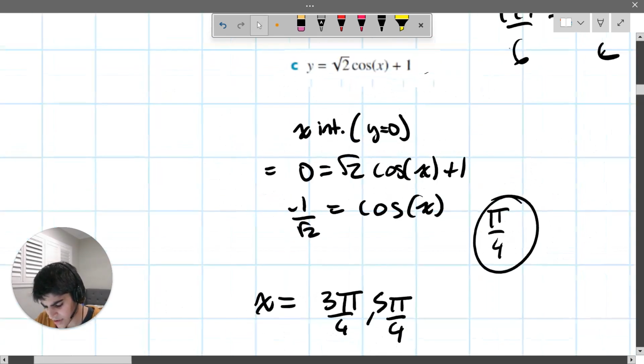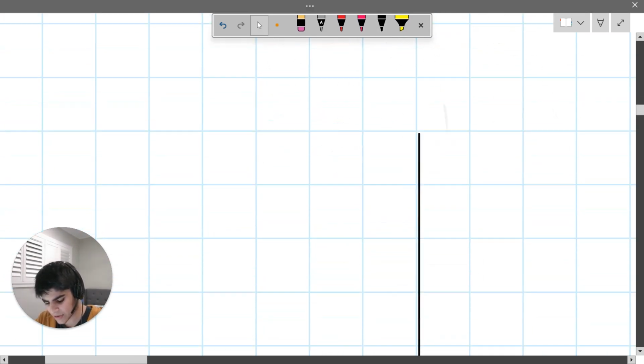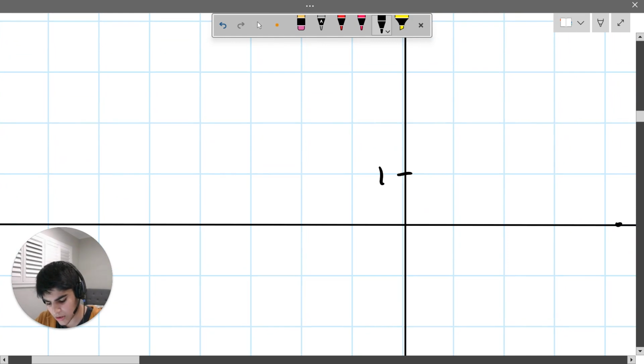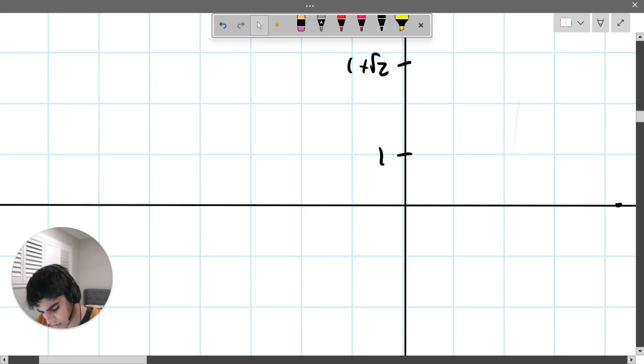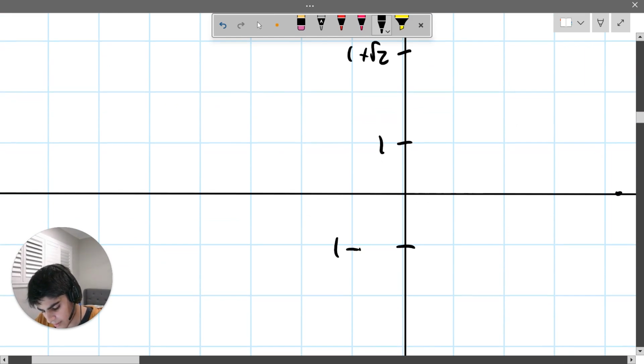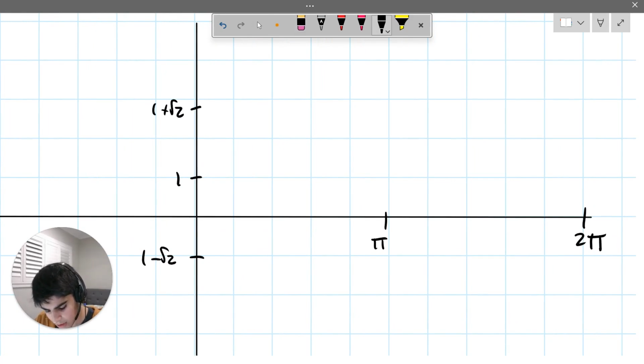This is a cosine function. The translation is 1 up, and root 2 is the amplitude. Let's sketch this right here: 1 plus root 2, 1 minus root 2. Let's say this is pi.